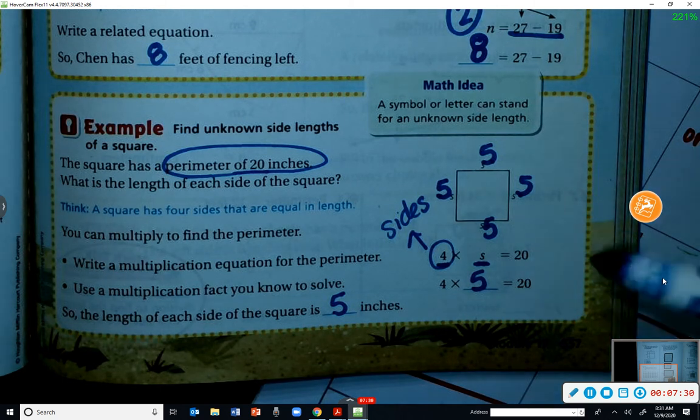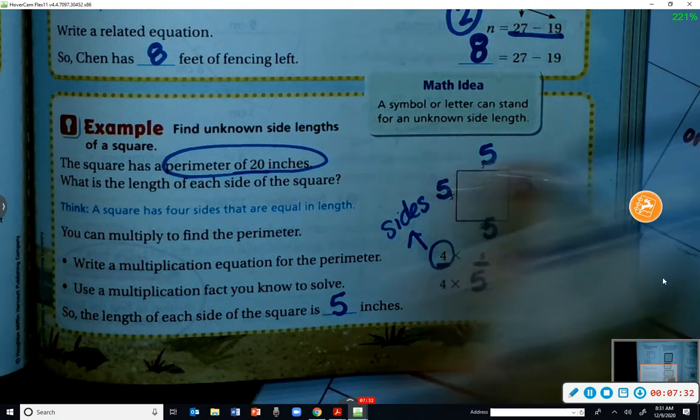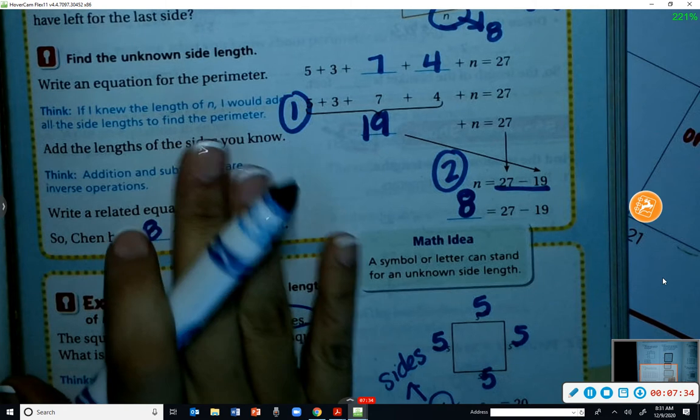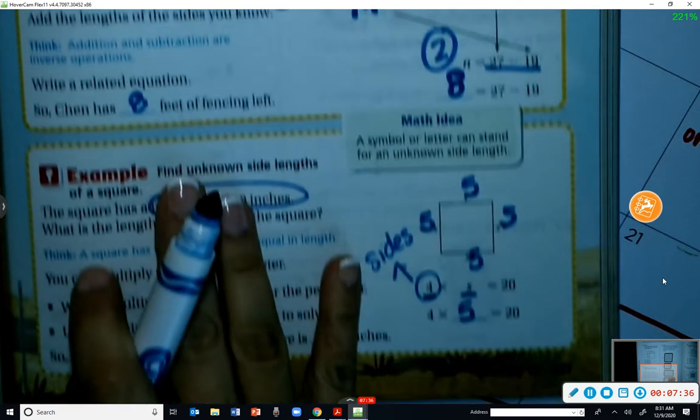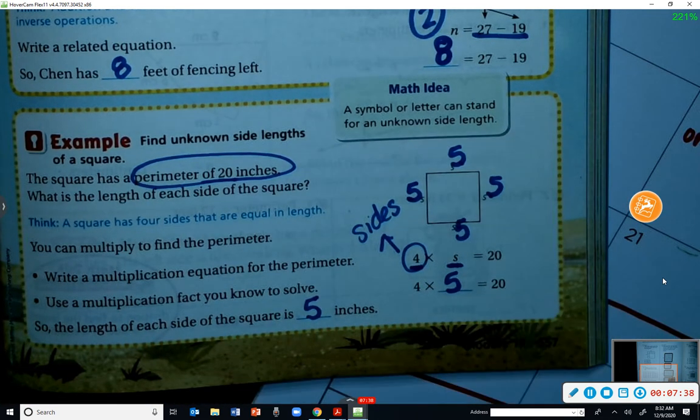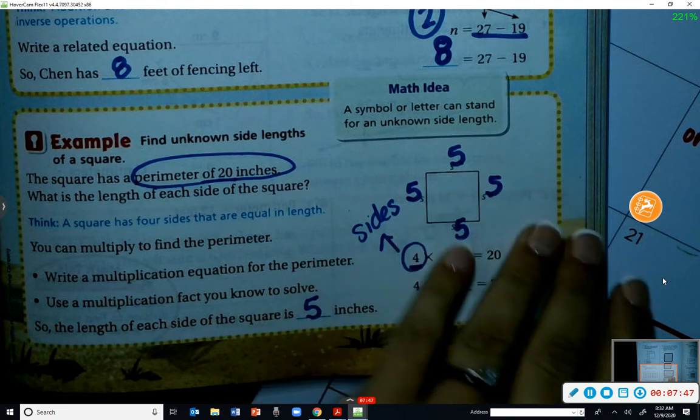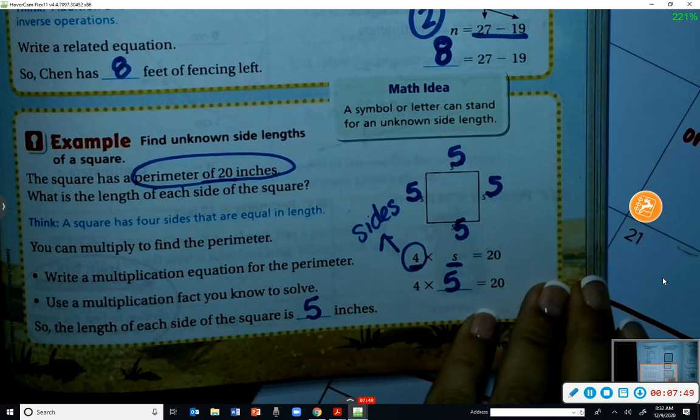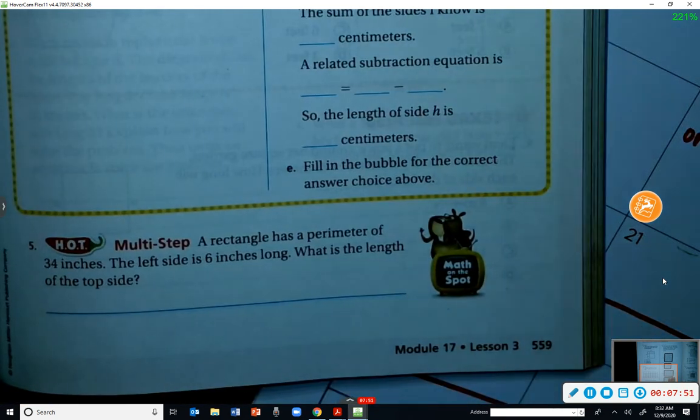So the steps are a little bit different than what we did up here, because all of the sides are the same on a square. Okay, any questions so far? No? Okay, flip the page.